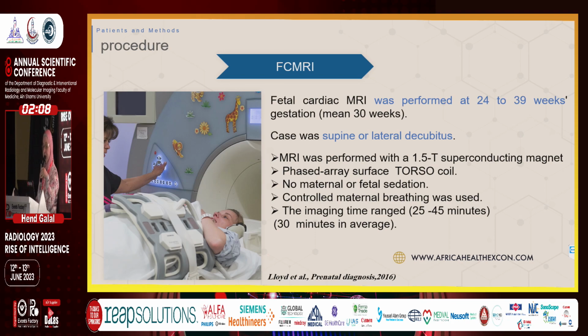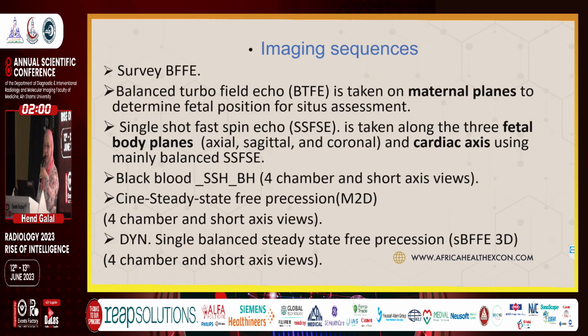Also, the patient has to lie in supine or lateral decubitus. It could be combined with the fetal MRI protocol, or fetal cardiac MRI alone could be done, starting with a survey in 3 orthogonal planes, then the maternal planes, axial, coronal, and sagittal, and shifting directly into black blood, white blood, cine images of the heart, and dynamic single balanced, as we said before.